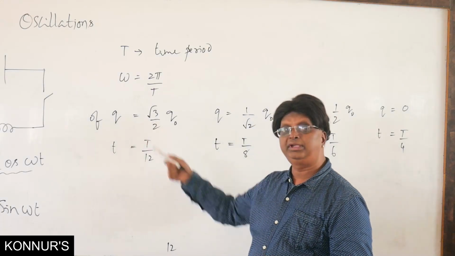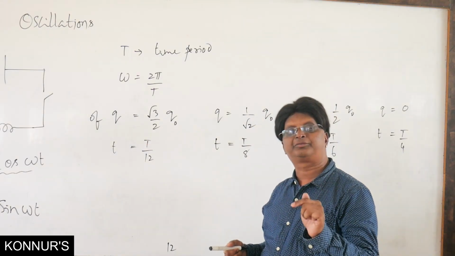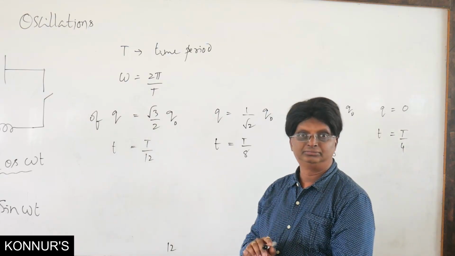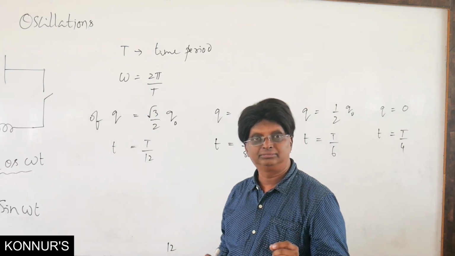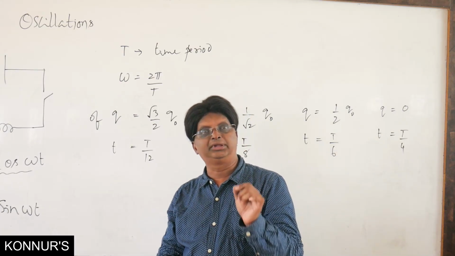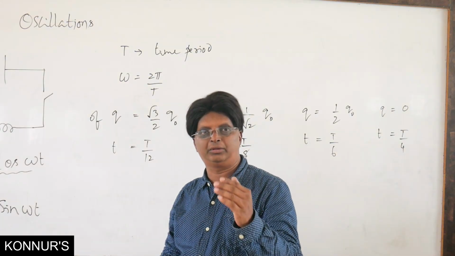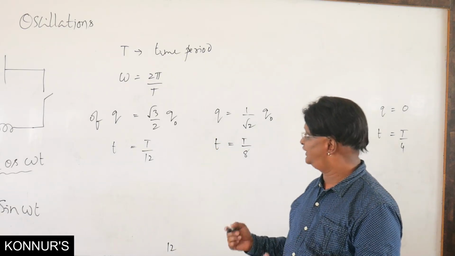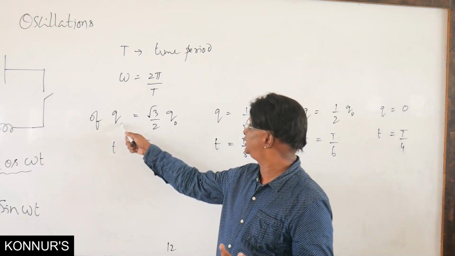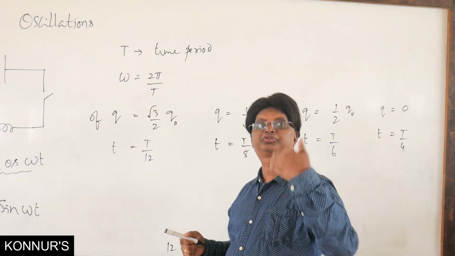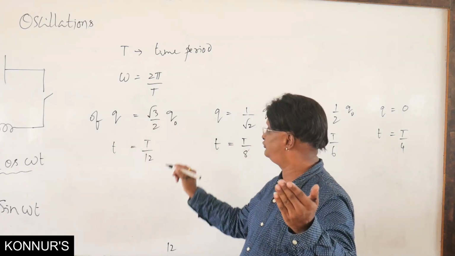So when charge is changing, there will be a corresponding change in the energy also. The expression that I am using is U is equal to Q squared by 2C. In such cases, Q becoming root 3 by 2, Q squared becomes 3 by 4.